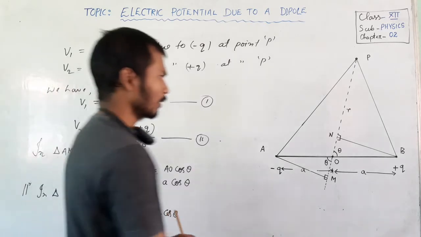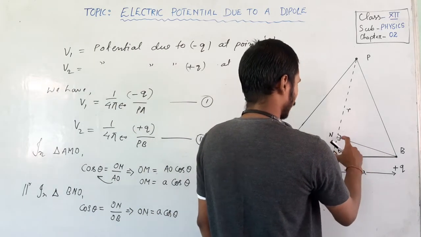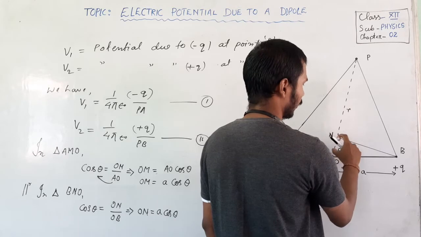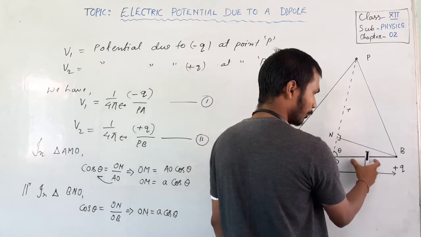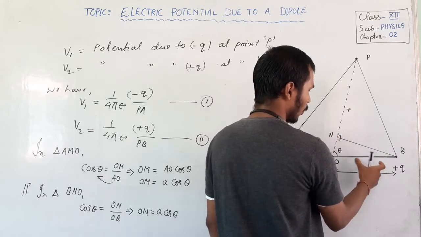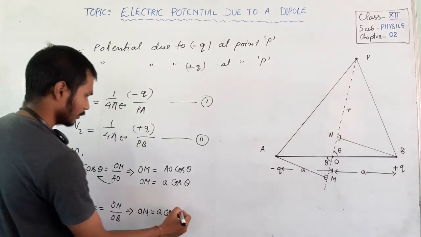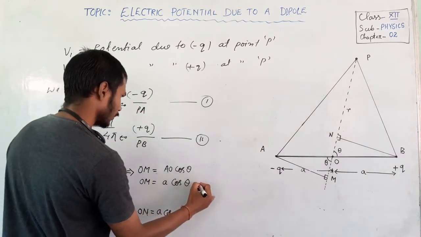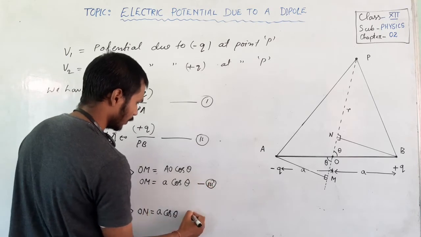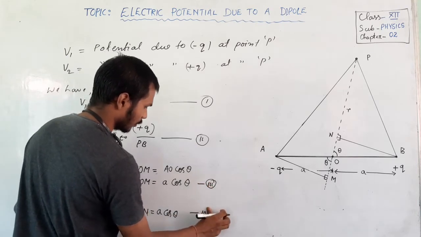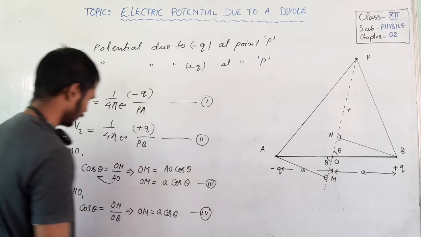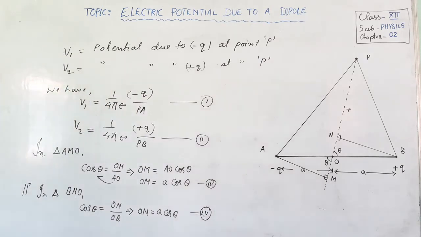See? ON is the base and this is the hypotenuse, ON by OB. Done. Equation 3, equation 4. Up to this, clear?